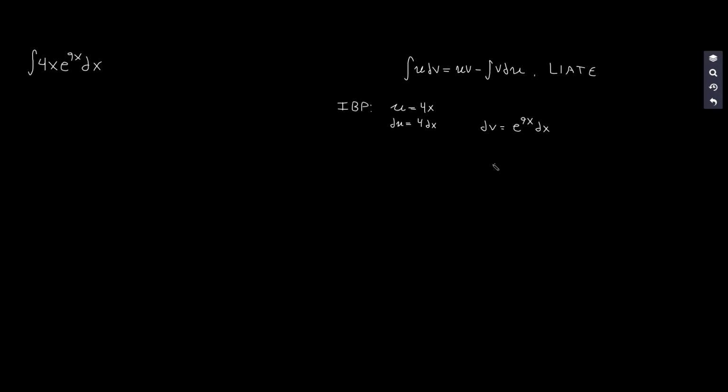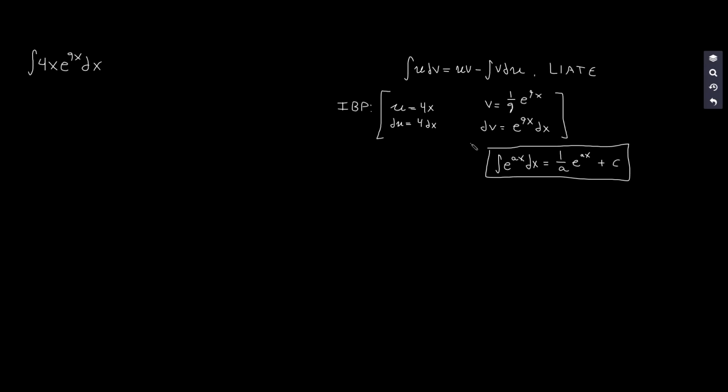And so the formula for integration by parts is going to go like this. That means that v is going to be set to 1 over 9 times e raised to the power of 9x. Okay, and then we're just going to plug that back into our formula.